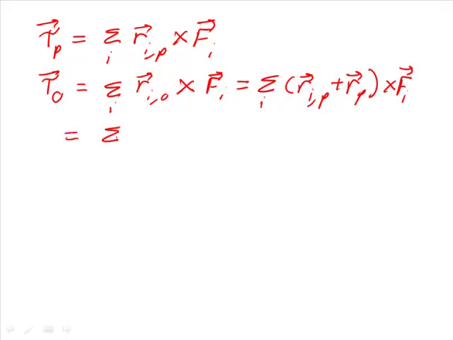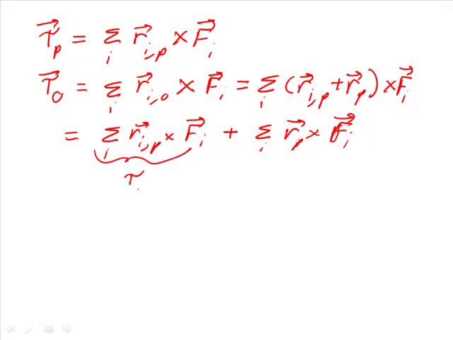Distributing, I get the sum on i of r_iP crossed F_i plus the sum on i of r_P crossed into F_i. Aha! Now this is just the torque about P. And here, I can take this out of the sum because it doesn't change.